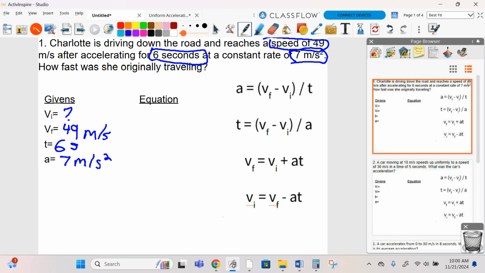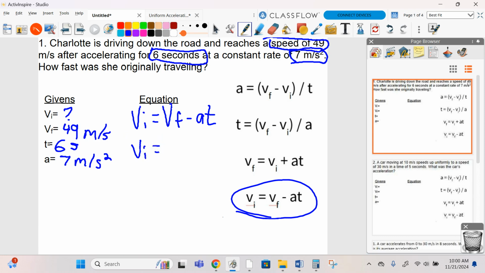This particular one, I want to solve for the initial velocity, which happens to be this equation, VI equals VF minus AT. The initial velocity, I don't know. I just leave that as a variable. The final velocity, 49, minus A times T, which is the 7, and this is 6. If there is no symbol in between 2 letters, that means it is implied that there is multiplication between those.